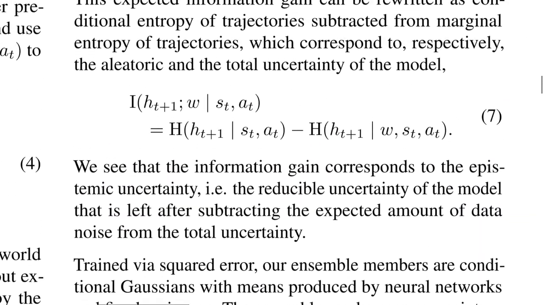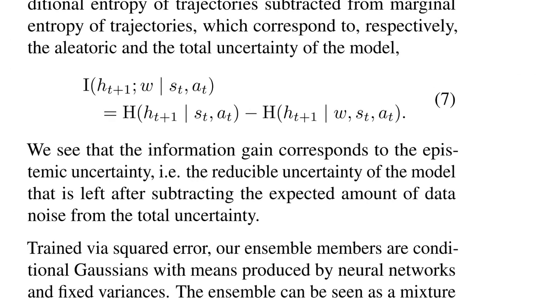They decompose this mutual information into two things. They decompose it into this thing right here, which is simply the entropy of the next state given the current state and action. This is simply the total uncertainty, including the fact that it could actually be stochastic, like dropping a paper, and the fact that you haven't learned yet what happens.